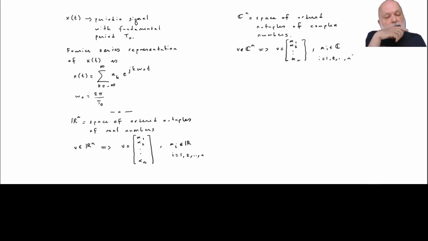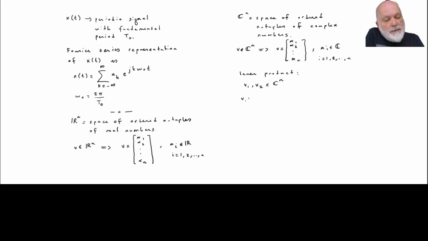Now, in this space, we can define an inner product of two vectors. For instance, V1 and V2 are members of Cn.